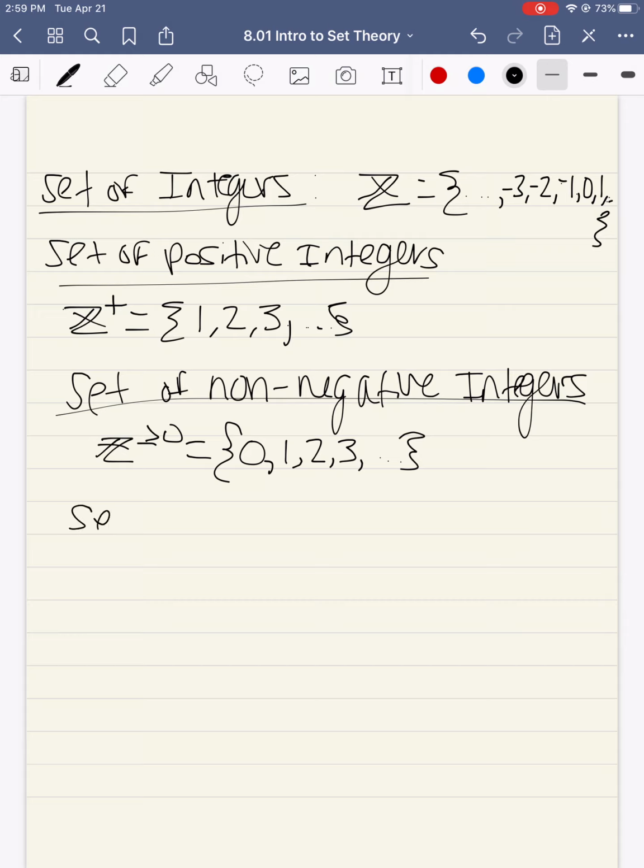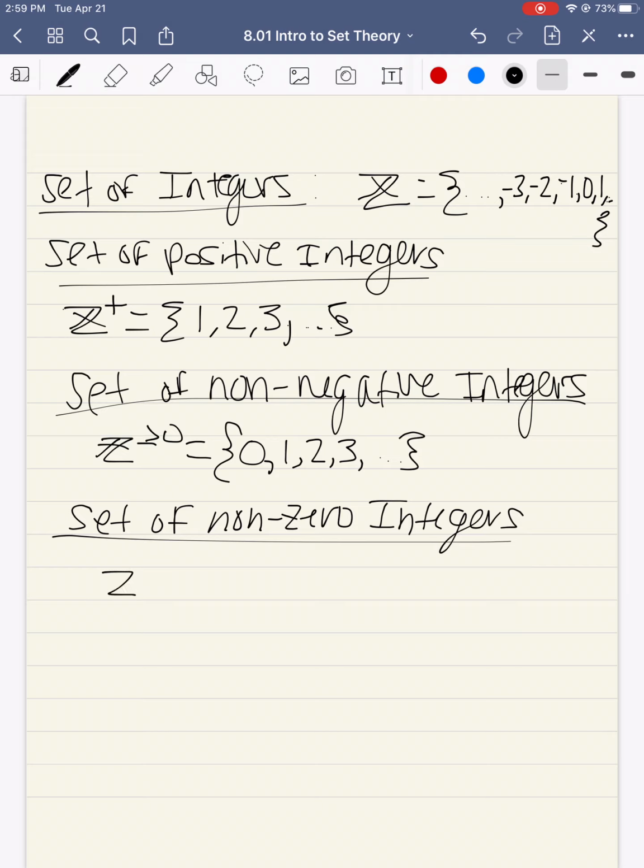If we want to include the set of non-zero, so maybe we want to include the negatives, but we don't want to include 0, then we have a notation for that as well, and that is Z with an asterisk at the top. So just this star shape above, and that is everything from negative infinity to positive infinity, excluding 0. So -2, -1, 1, 2, and so on, in both directions.